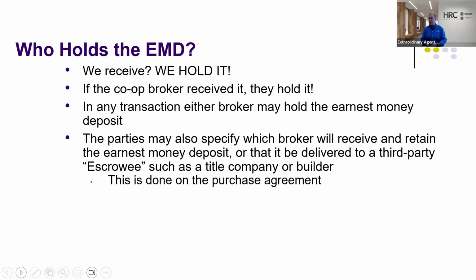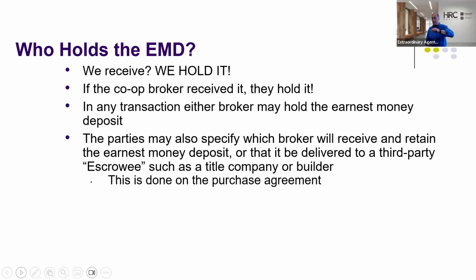Most purchase agreements, and I haven't looked at all of them within our company, say the buyer is depositing with the broker, and that would be the broker who's working with that buyer. All right. Now, it could go with the title company, and the title company will probably have an agreement as to how it would be held.